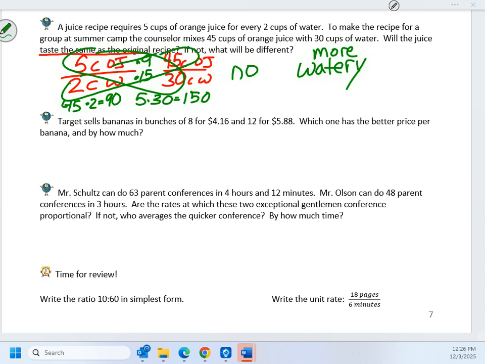Which one has a better price per banana and by how much? So you have to determine, is it proportionate? I'm guessing by the wording of the question, it's not gonna be proportionate. So which one is a better deal? Use the information that we've learned in the last 2 objectives in this objective and try to determine, what do you think you might wanna use to solve this one?